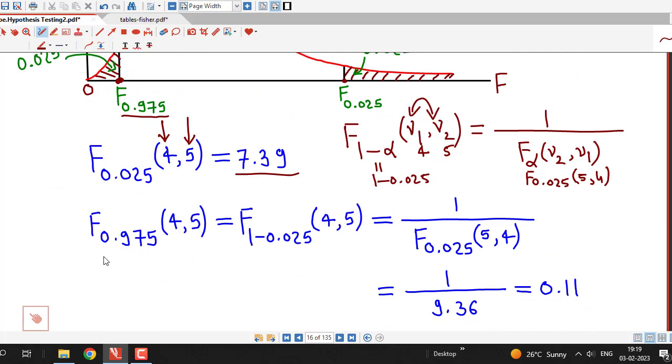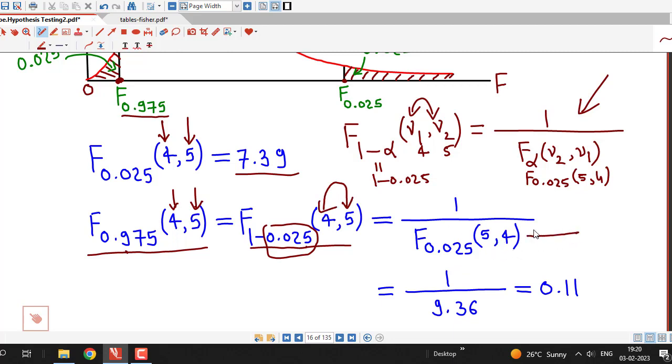So I have written here the critical value for alpha equal to 0.975 for 4 and 5 degrees of freedom. This 0.975 I have rewritten as 1 minus 0.025, and using this property this is going to be 1 divided by F suffix alpha, which is 0.025, and interchanging 4 and 5 gives 5 and 4.